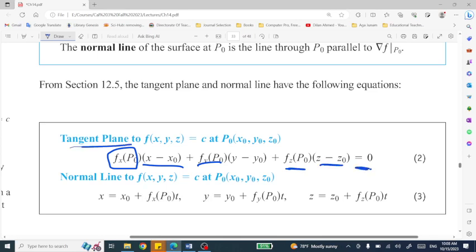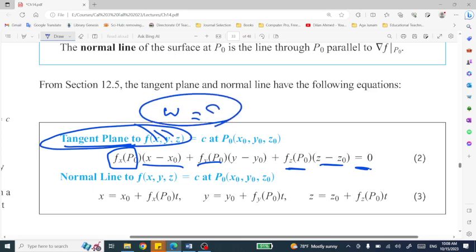That's called the tangent plane equation. So we have a tangent plane, for w of x, y, z, where w is equal to something at a number, at the point x naught, y naught, z naught. Is that clear?